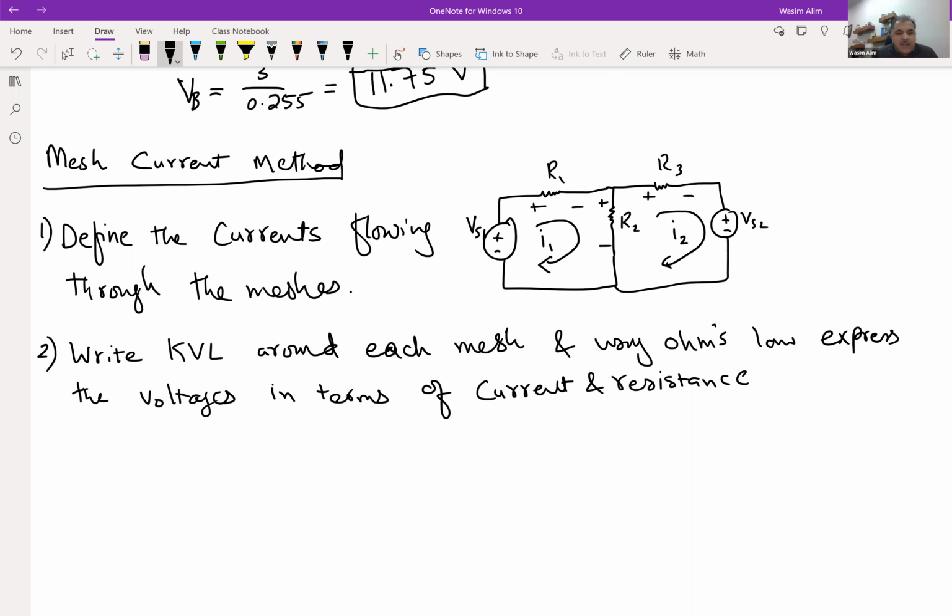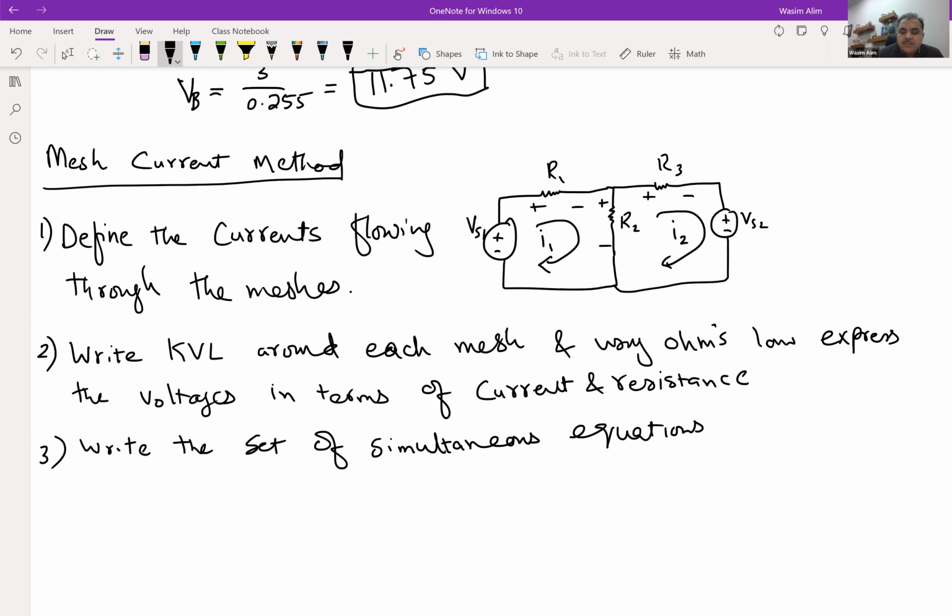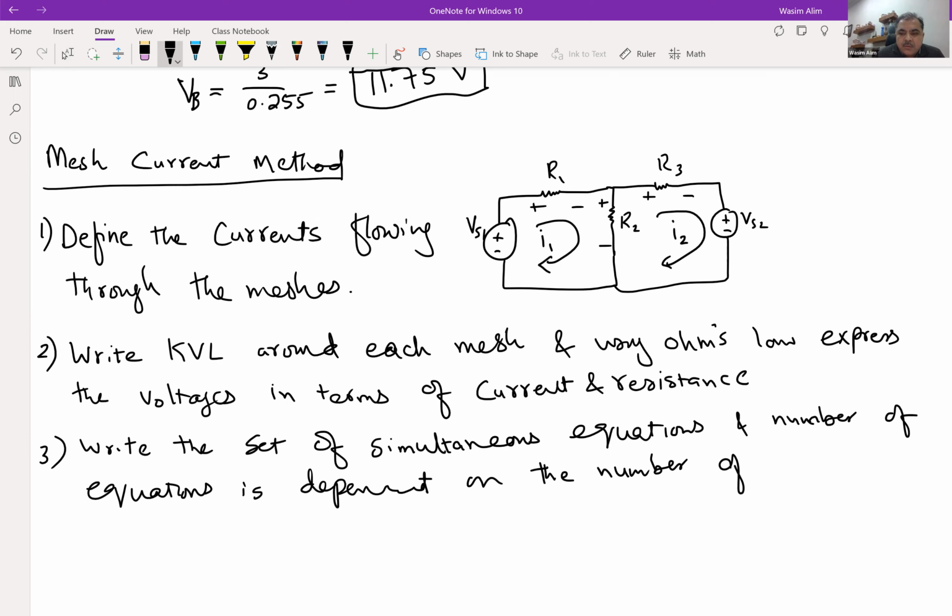The third step is, again, it will give you a set of simultaneous equations, and the number of equations is however many meshes you have.